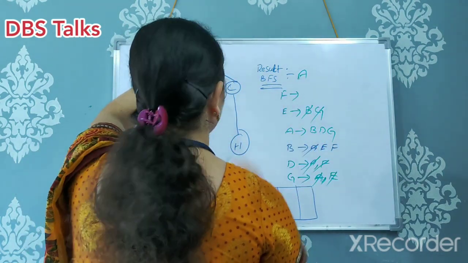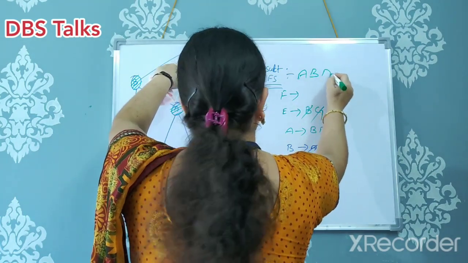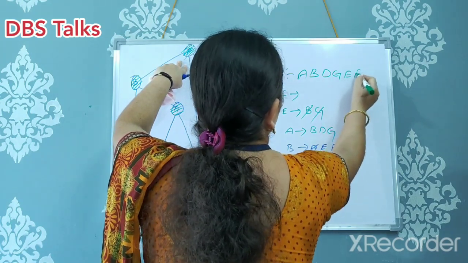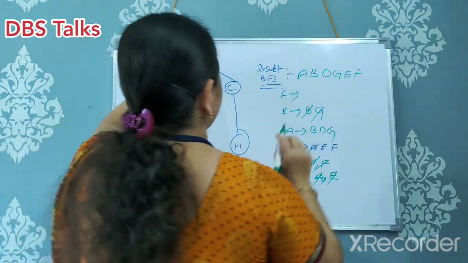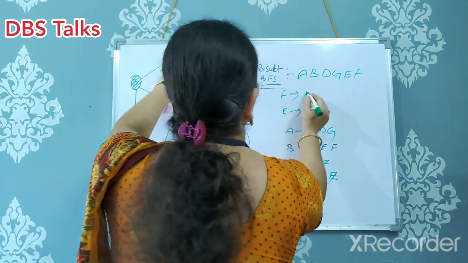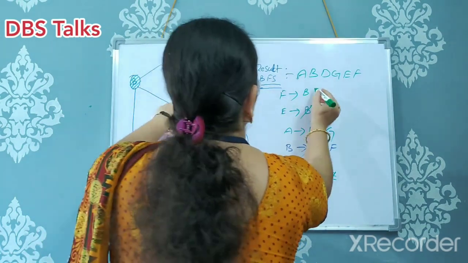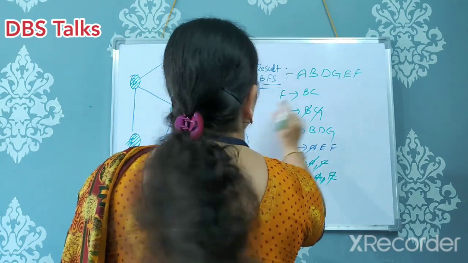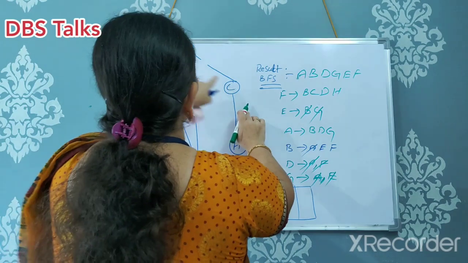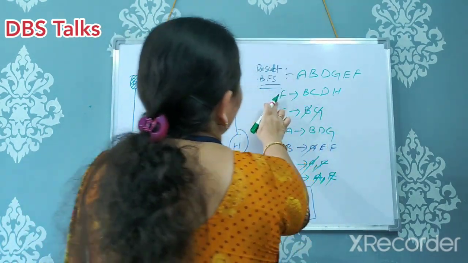In the result, we need to print A, B, D, G, E, F. Next, what are the adjacent vertices of F? B, C, D, H. These are the adjacent vertices of F.